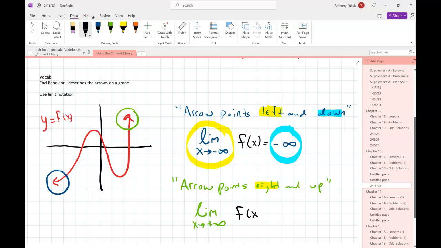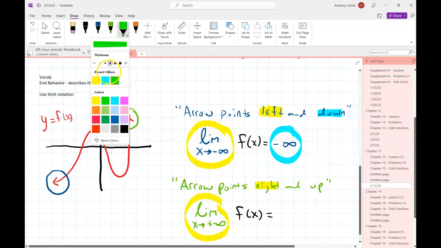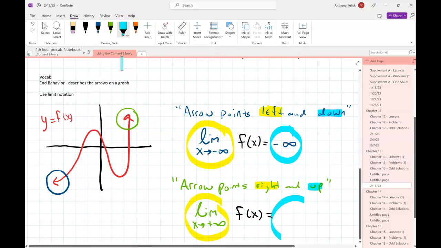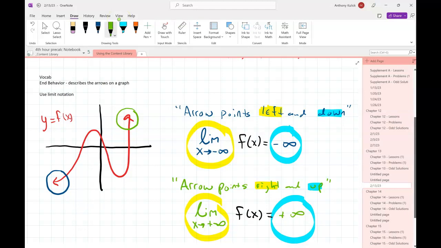And then we'll write the name of our function, f of x equals. And then to describe up, we're going to write positive infinity, because that's where the positive values on the y-axis live, are up. Is everybody okay with how I translate a picture into this limit notation? It's pretty easy, right?